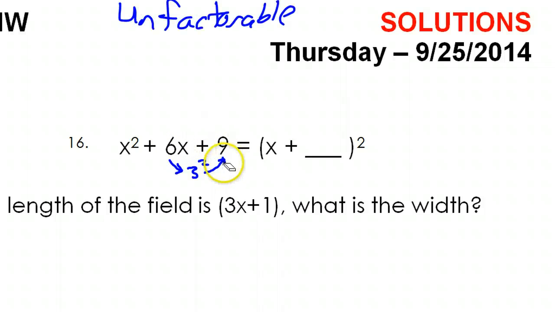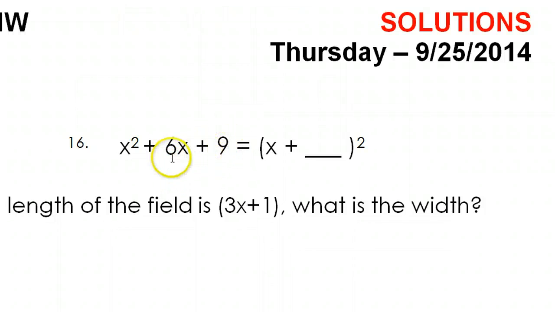All right, so if you have a situation where half the middle squared is the third number, then this should factor as the same thing twice. Okay, so if we were to factor this, of course, this would factor as x plus 3 times x plus 3. 3 times 3 is 9.